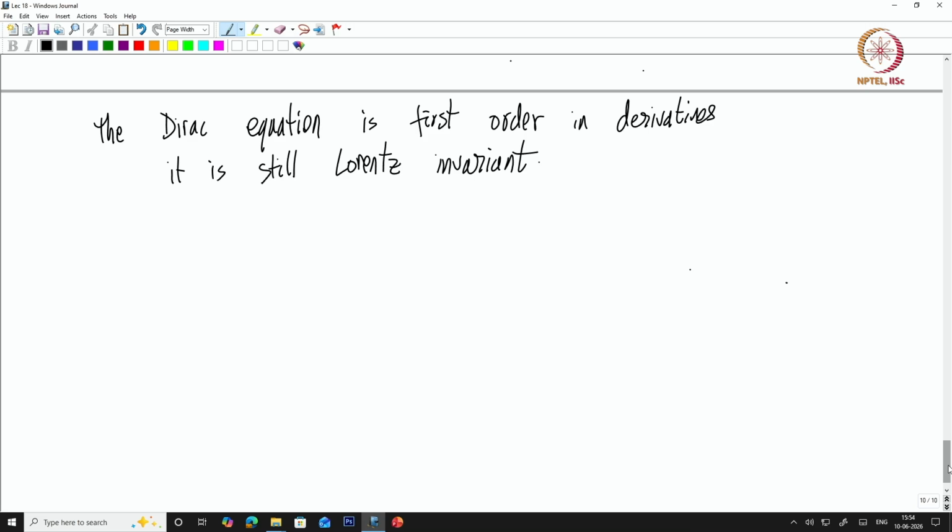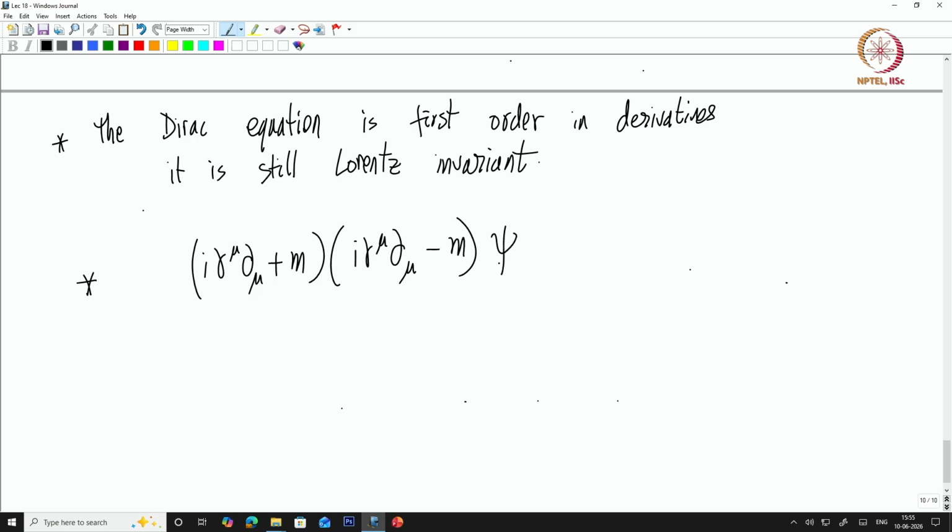Now there is another property. Take the Dirac equation and multiply it with another del mu, the opposite one. That gives minus gamma mu gamma nu del mu del nu plus m square, acting on psi, equal to 0.